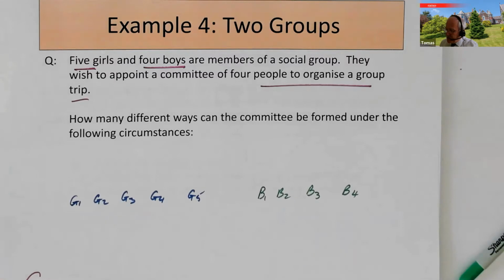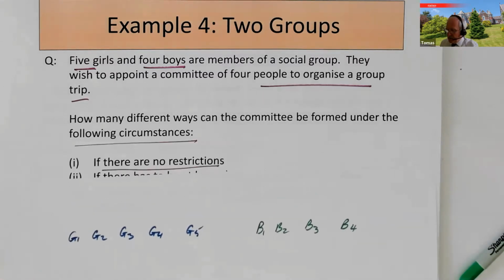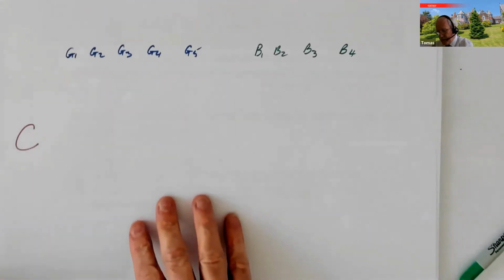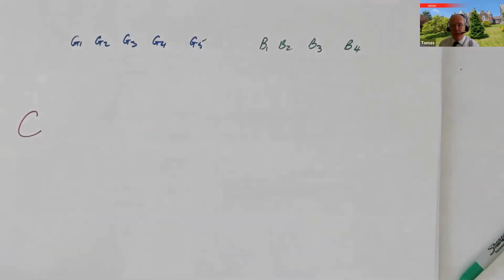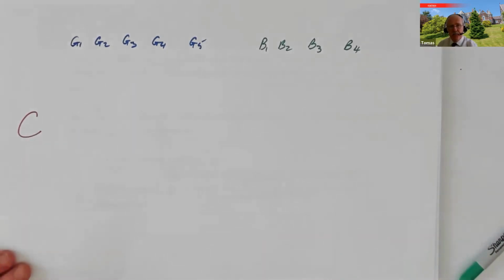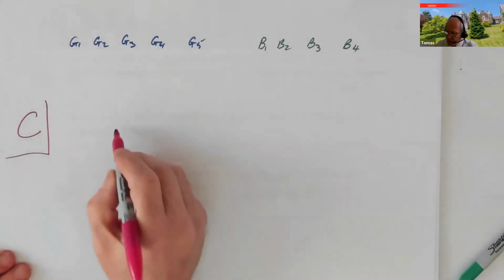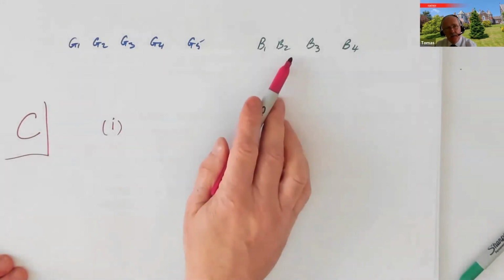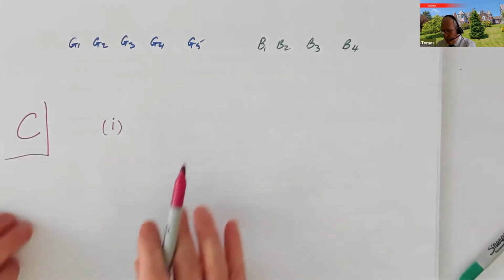How many different ways can the committee be formed under the following circumstances? If there are no restrictions. If there are no restrictions, how many people are there? Well, there's a total of 9. Okay? So no restrictions, a total of 9 people. How many do I want? 4.